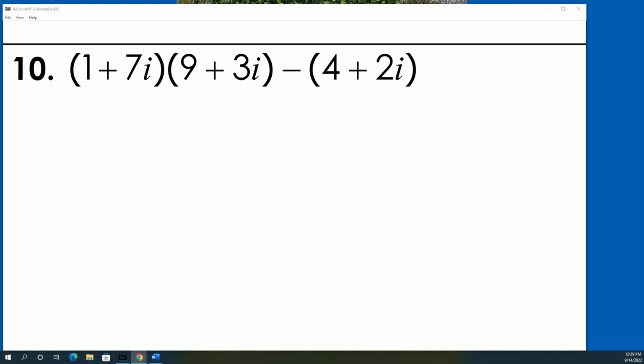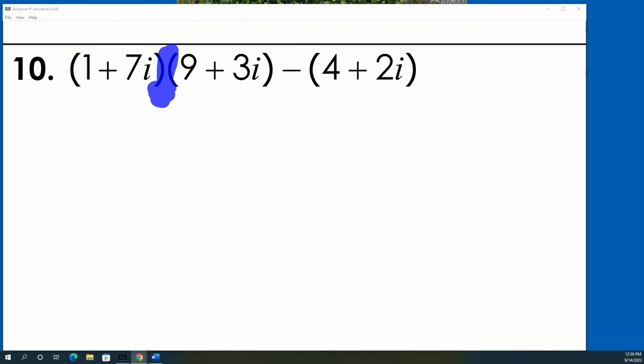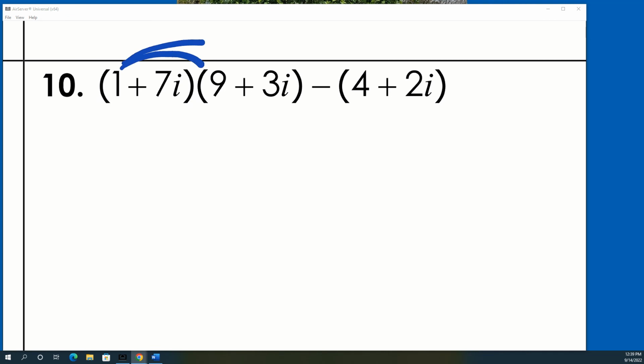So this one's got extra. It's a combination, like this part of it is going to be multiplication because there's no addition or subtraction between the parentheses, and a combination of multiplication and subtraction. So I'm going to start off on number 10, and I'm going to distribute 1.